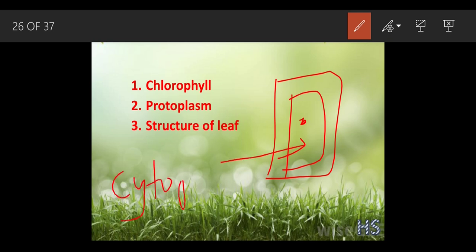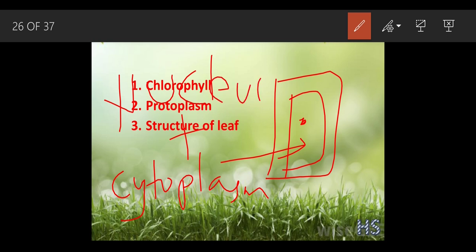This is a cytoplasm, and this is a nucleus. This nucleus and cytoplasm together are called protoplasm. Why are they called protoplasm? Because they are the living part of the plants. This nucleus and cytoplasm combine to form a protoplasm, and this is a living part.